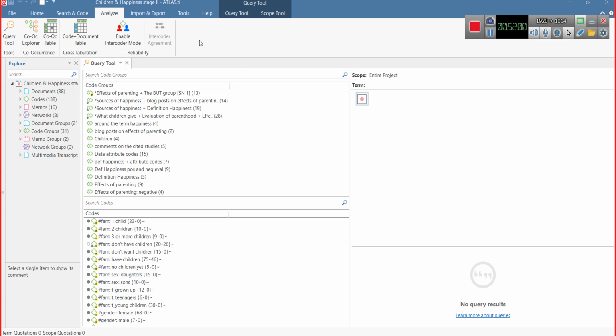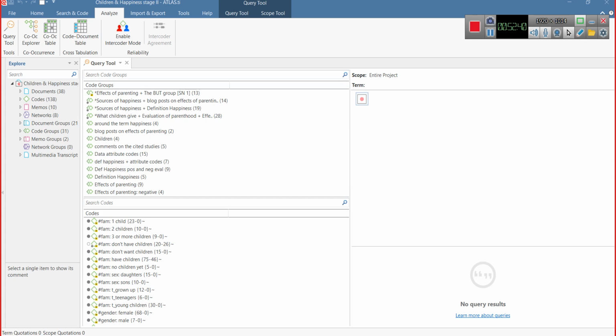So enabling intercoder mode can help you investigate the reliability of your coding, and it makes your qualitative research more organized, more systematic, or more academic than what some philosophers believe, that qualitative research should be in philosophical ways, in narrative ways, or something like this.